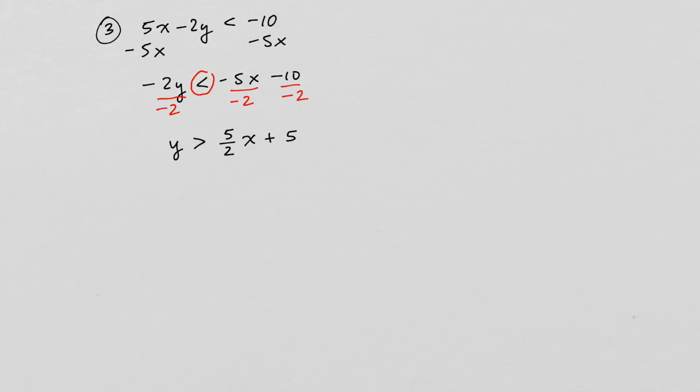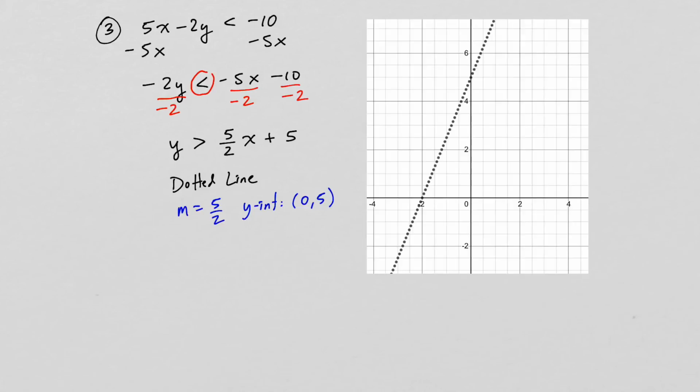And so now we need to graph a line which is dotted. The line will be dotted because, again, we don't have equals here. The slope of the line is equal to 5/2, and the y-intercept is (0, 5). So let's go ahead and graph a line that has those properties. So here's the graph of our line.